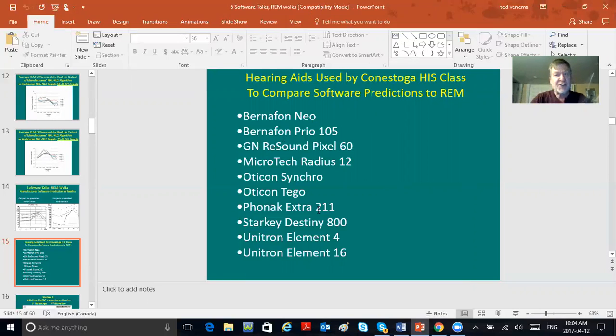That's how fast things change, but the story hasn't changed. I had students compare how the software prediction for various hearing aids from different manufacturers differed from what real ear actually showed. So let's take a picture of that.